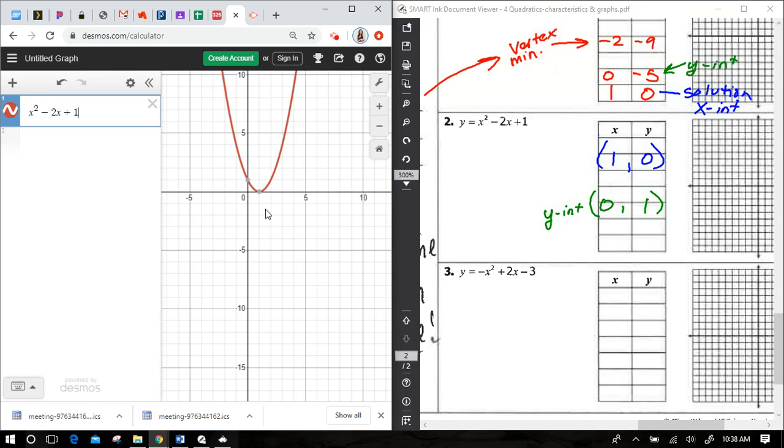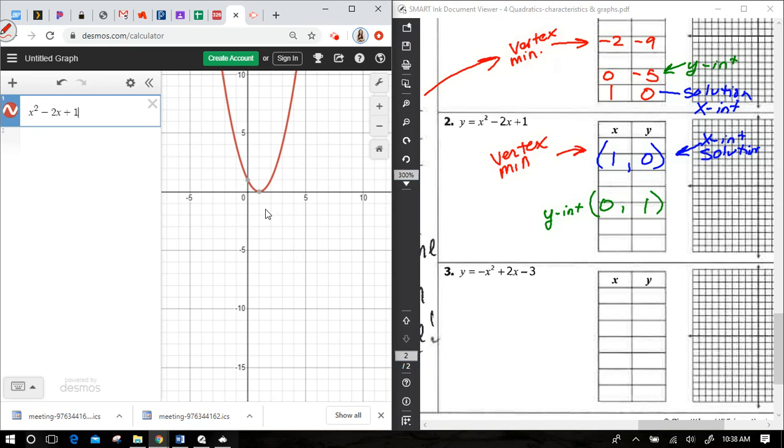It landed on the x-axis. So this is an x-intercept. That's a solution. But what else is it? It is also my vertex. Okay, this vertex is a minimum, and then it goes up forever.